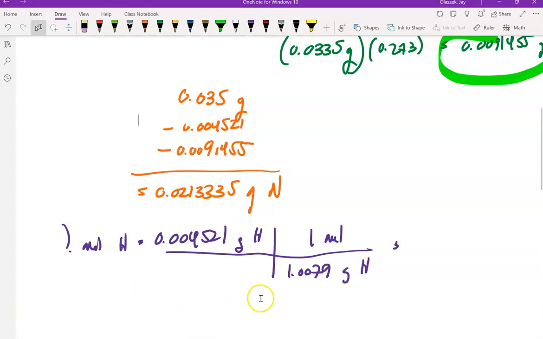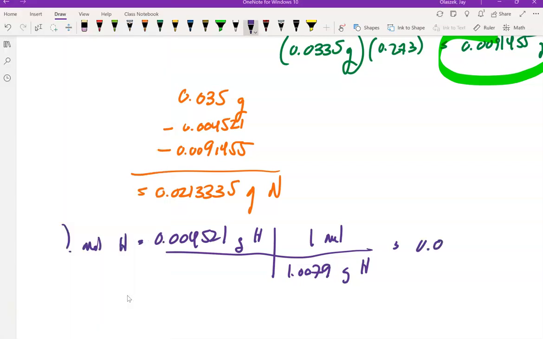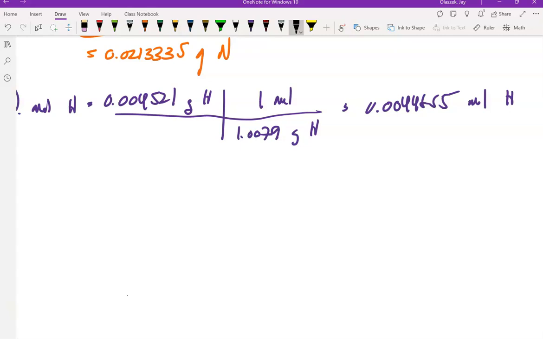So let's find out how many moles of hydrogen this is. 0.004521 divided by 1.0079 is 0.0044855 moles of hydrogen.